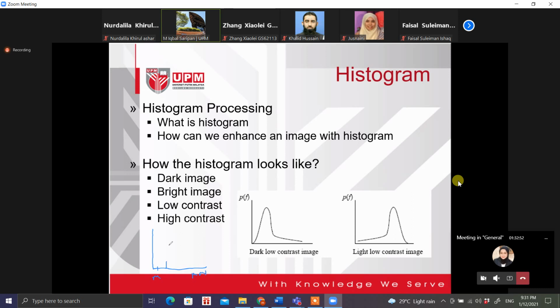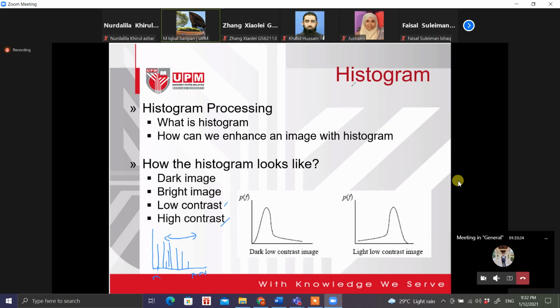So if you suddenly get things in the middle only like this, and the range from maximum to minimum does not cover the whole stretch of the x-axis, then we call that a low contrast. High contrast means that you have a good spread of image or color throughout the x-axis. That is considered as high contrast.